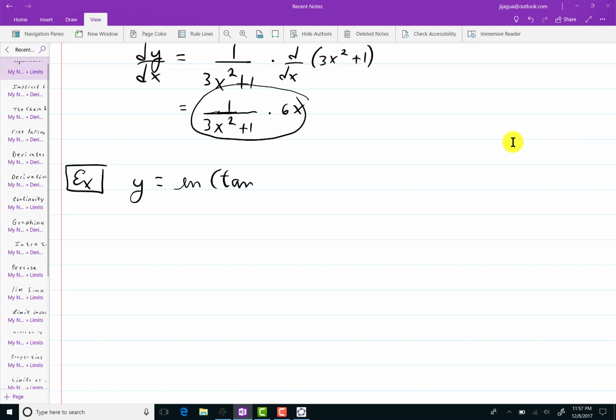Let's complicate things a little bit here. y equals the natural logarithm of tangent of x. dy over dx equals, first thing you do is take 1 over tangent of x times the derivative of tangent of x.